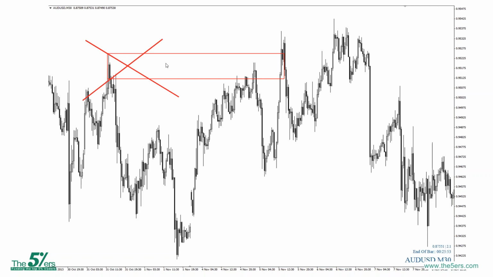The way that we need to consider this zone is that after the first visit, the second visit, we assume that the order flow in that zone is being consumed, and we assume that price has a good potential of breaking this level.